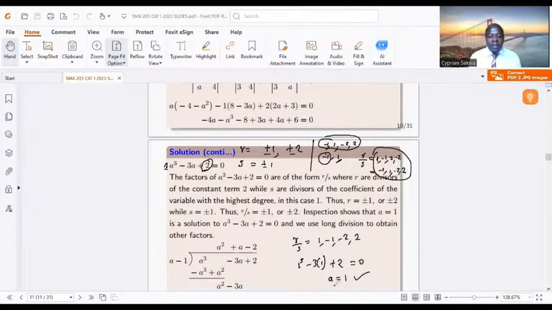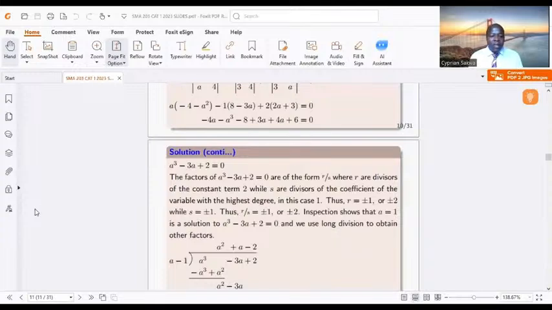The method I've taken is, after getting this 1, I've used long division to factorize this equation, so that I then get the quotient and factorize the quotient again. That's the method I want to show.